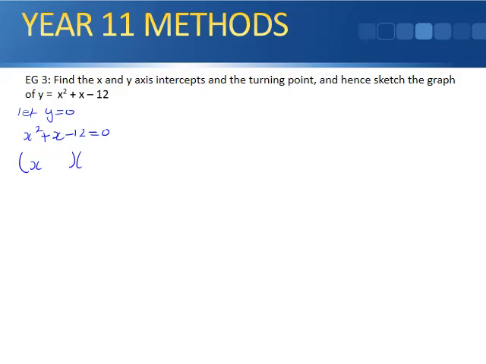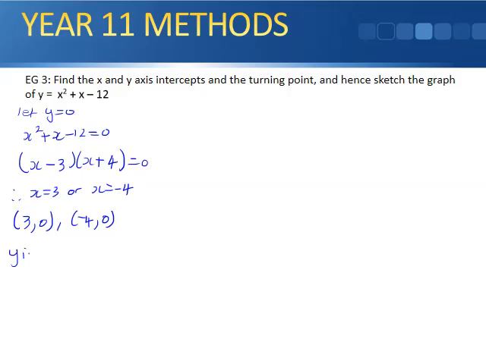Trying to factorize it now and then solving for x straight away. It should work. If I get +4 and -3, that will give me the plus x and -12. So therefore x equals 3 or x equals -4. So I have two intercepts on the x-axis, (3, 0) and (-4, 0).